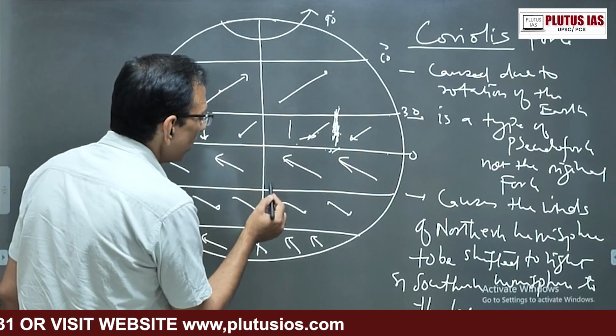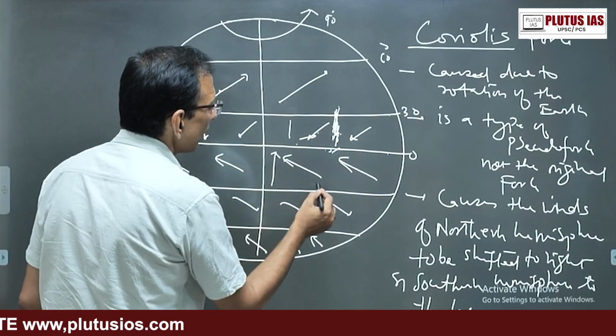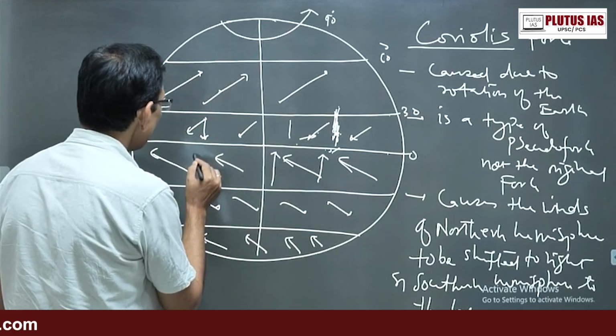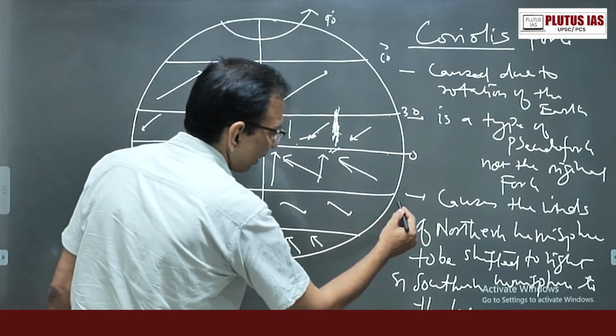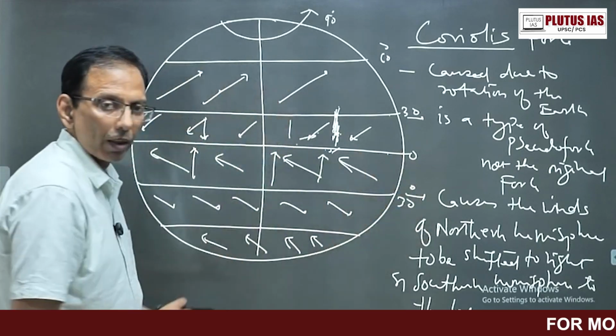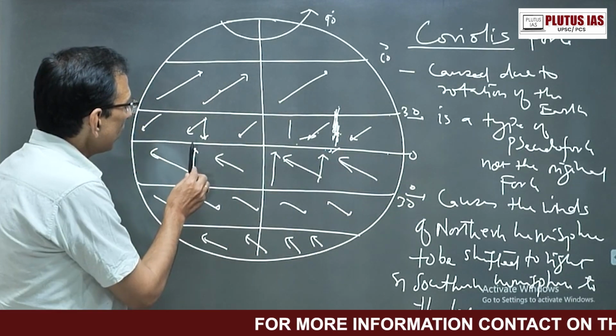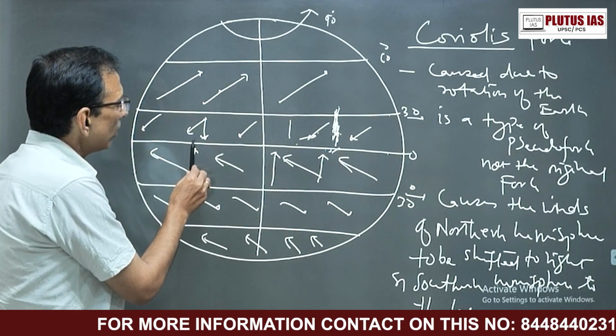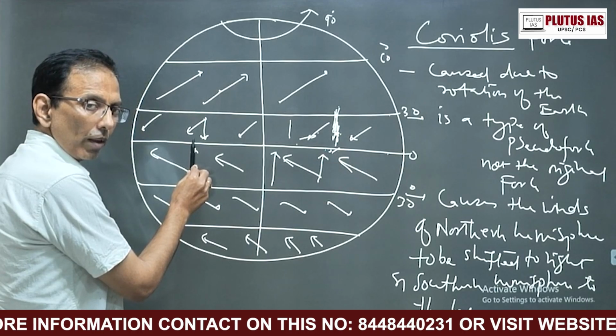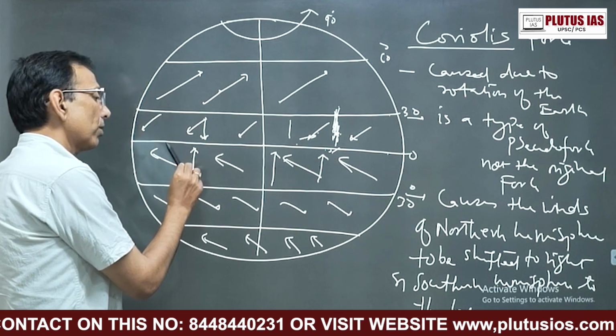In the same way, suppose the wind is like this, from 30 degrees south to the equator. Then you have to put in the direction of the movement of wind and then find out the left.